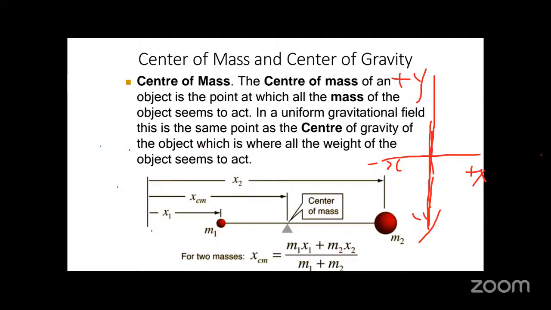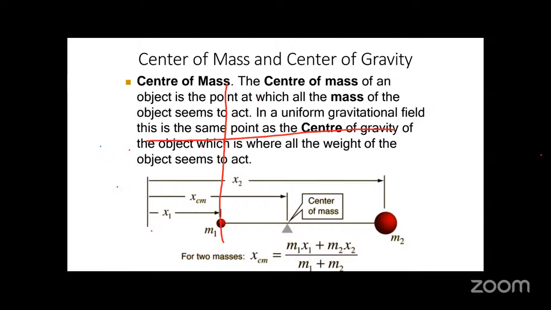So if I have this kind of diagram and I have an object here going this way, so this is the diagram. This is X. This is negative X. This is positive Y. This is negative Y. So this point is called what? 0.